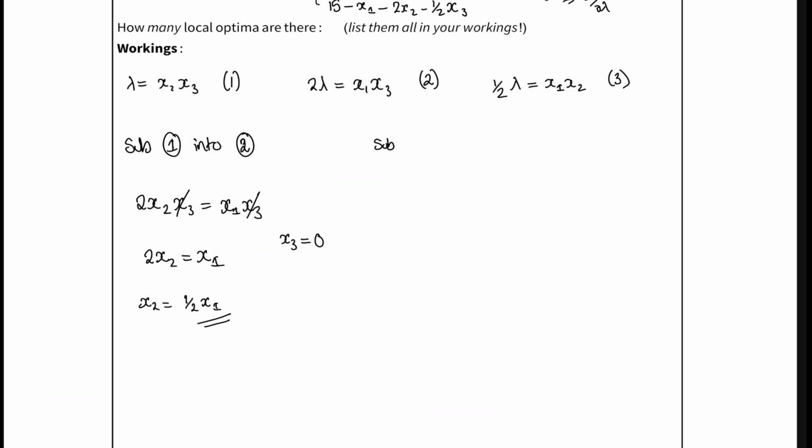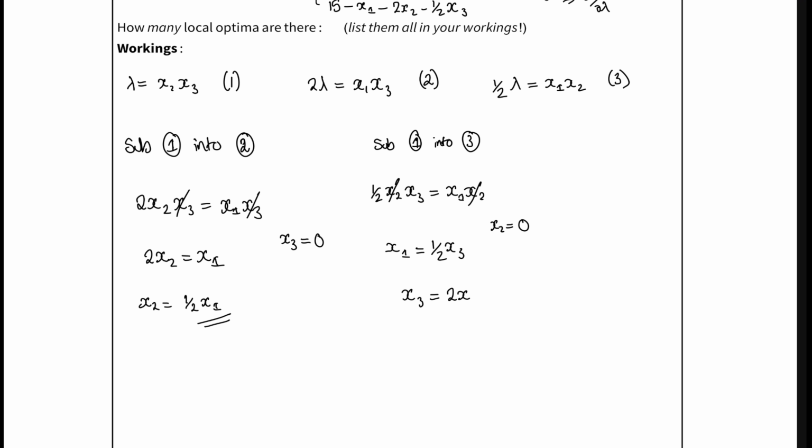If we sub equation 1 into equation 3, we get a half x2 multiplied by x3 is equal to x1 multiplied by x2. We can divide by x2, which gets rid of the solution x2 is equal to 0, and we are left with x1 is equal to a half x3, which we can write as x3 is equal to 2x1.